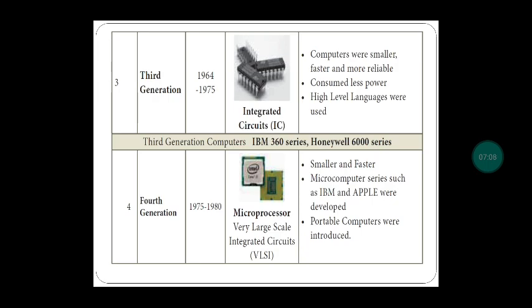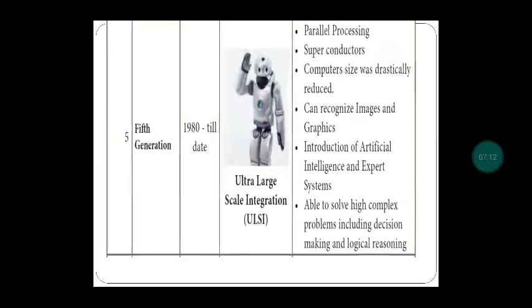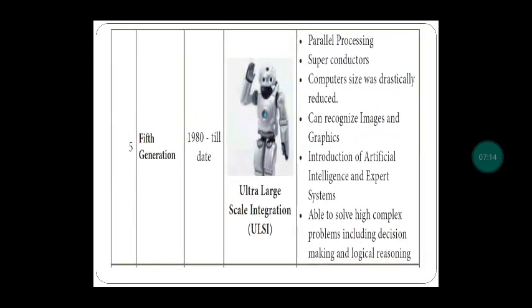Next we will go for the fifth generation computer. This fifth generation is 1982 till date, and the main component used here is ULSI, that is ultra large scale integration. Here parallel processing happens, superconductors are used for designing computers, and computer size has been reduced.